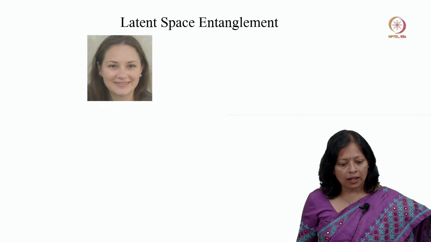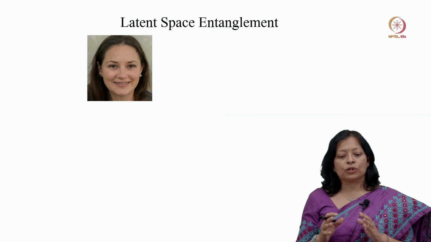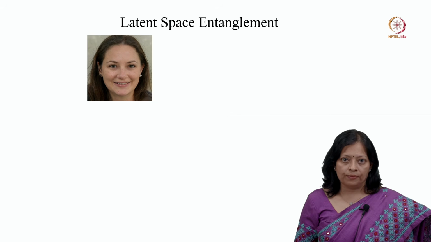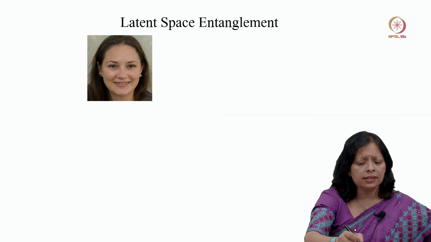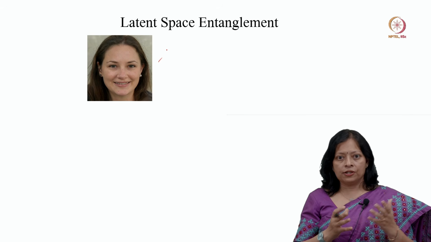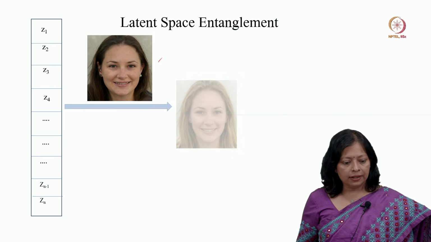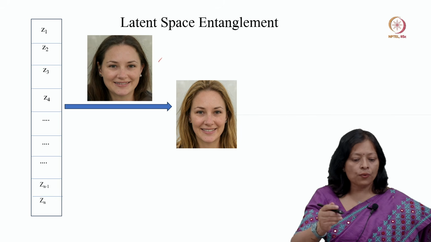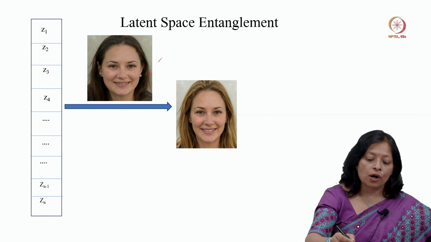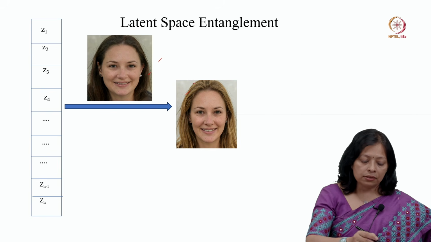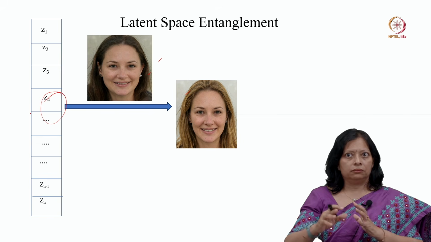Now, I will come to a very important concept called latent space entanglement. What is this latent space entanglement? Suppose I have the image of a human face and once again I have the latent vector, and suppose I want to change the hair color from brown to blonde.